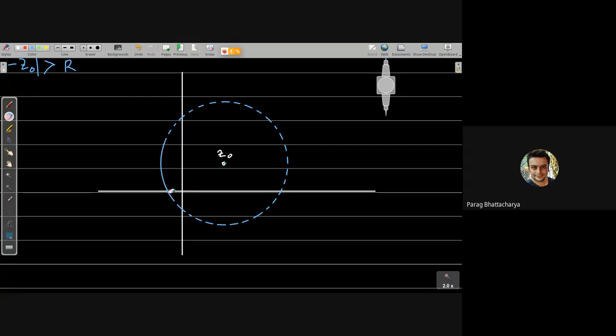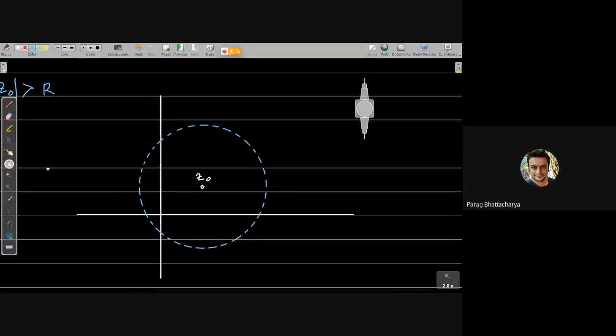What we are interested in is the region which is outside the circle, just outside the circle.